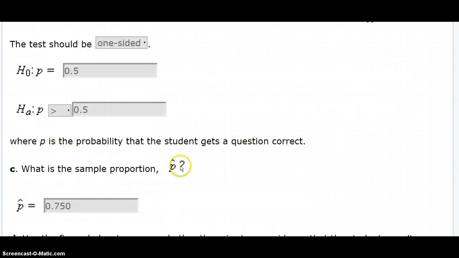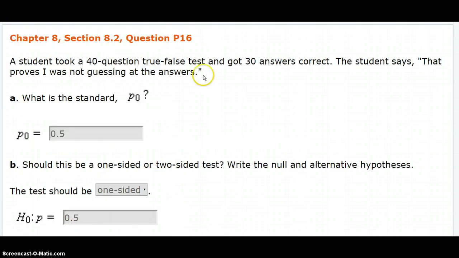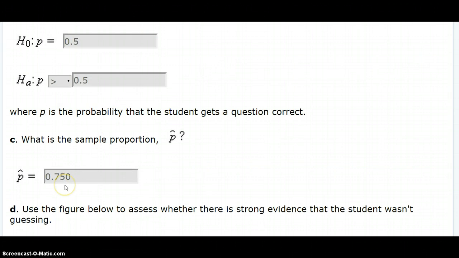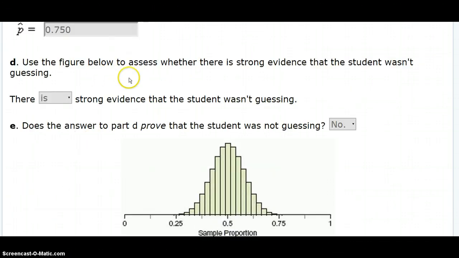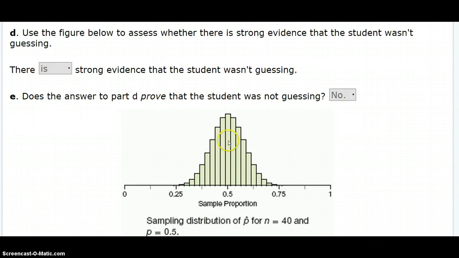What is the sample proportion? This is 0.75. Notice that the sample we're talking about here is the student himself, or I guess herself. Getting 30 answers out of 40 would give you a 0.75. And so we're using this figure below.